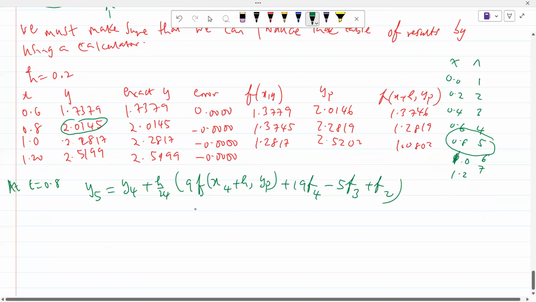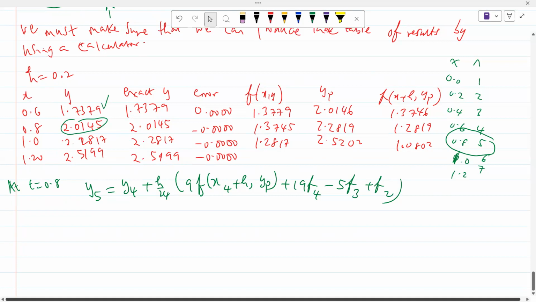And then what is y4? Y4, we already have it at n equals 4. It's exactly the one above. So if it is the one above, y4 is already there.